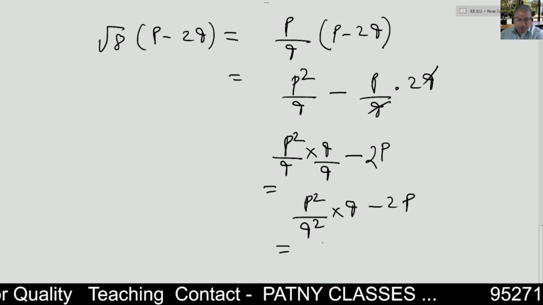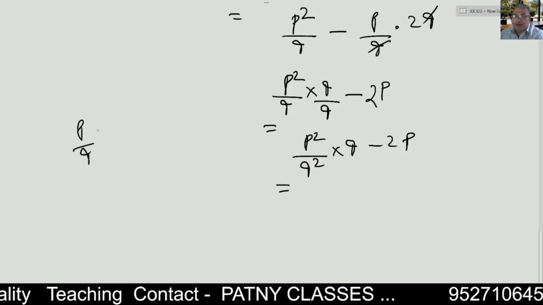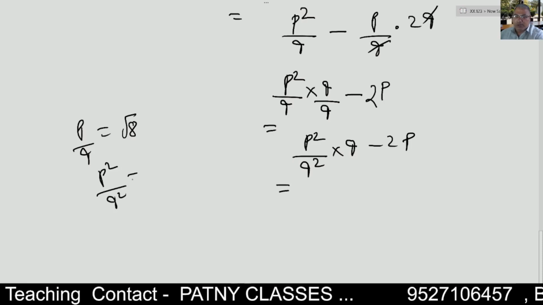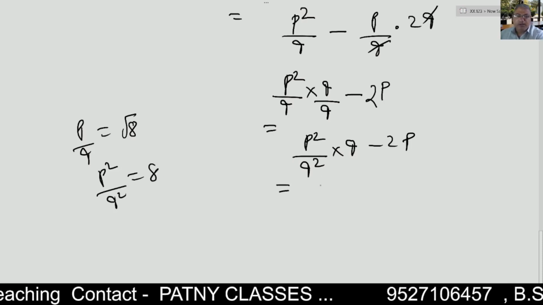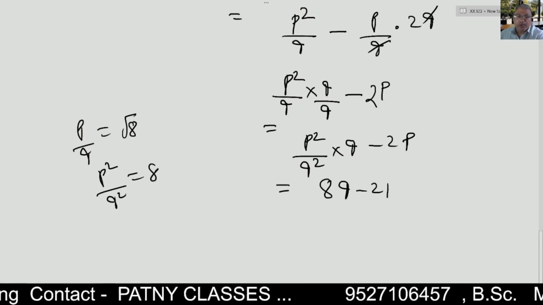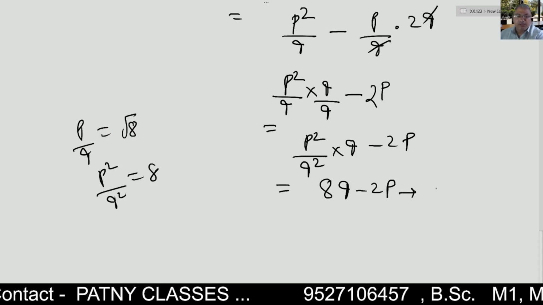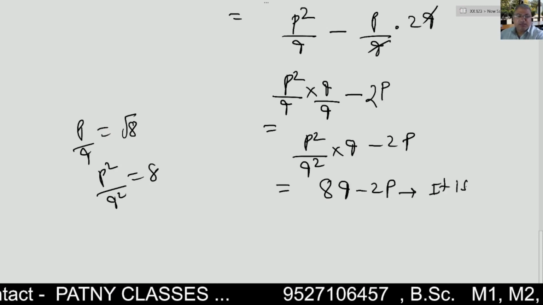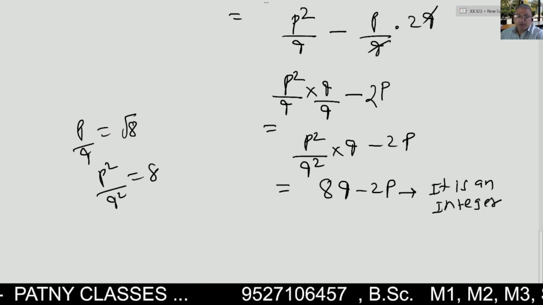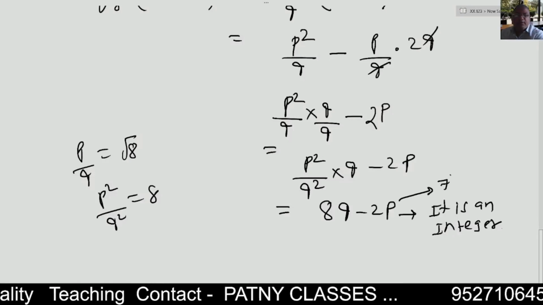Since p upon q equals root 8, p squared upon q squared equals 8. So this can be written as 8q minus 2p. 8q minus 2p is an integer. Let us call it equation number 7.